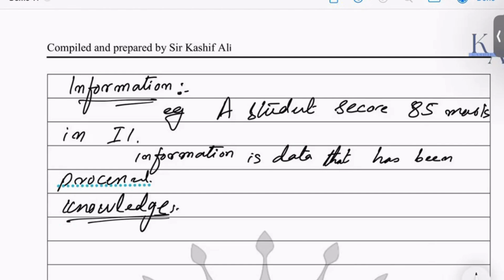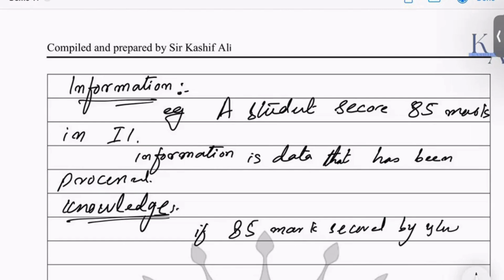Like for example, if 85 marks are scored by a student, he or she will be awarded a scholarship.